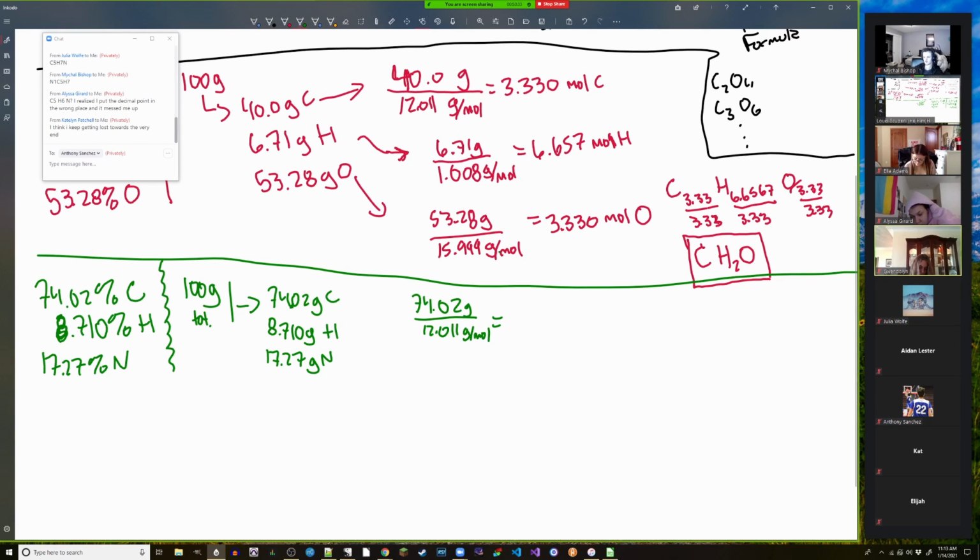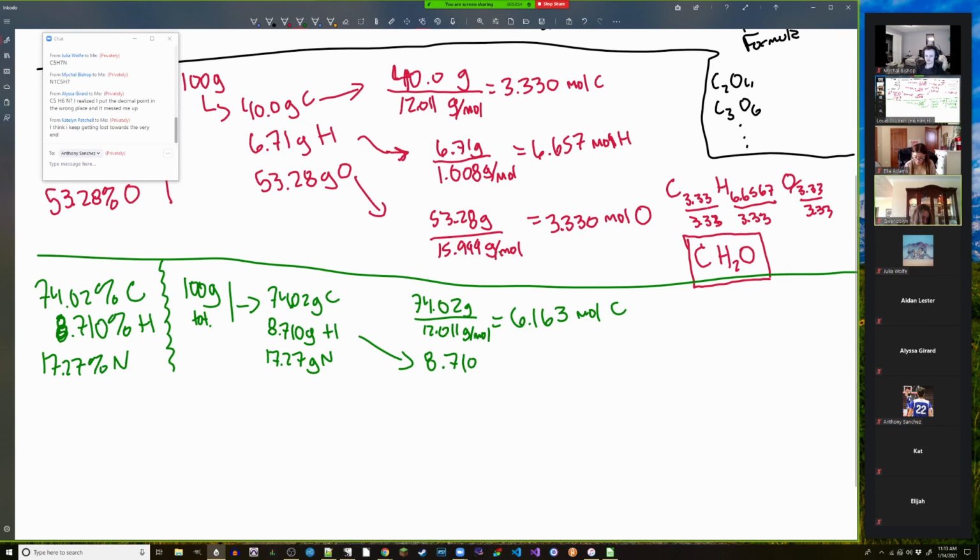It's going to be like 6. 6.163 moles of carbon there. For hydrogen, 8.710 over 1.008 grams per mole. It's going to give us 8.710 divided by 1.008, 8.641 if I round.